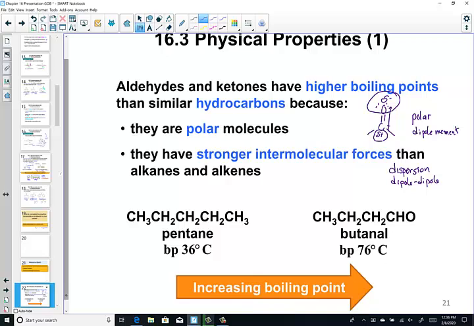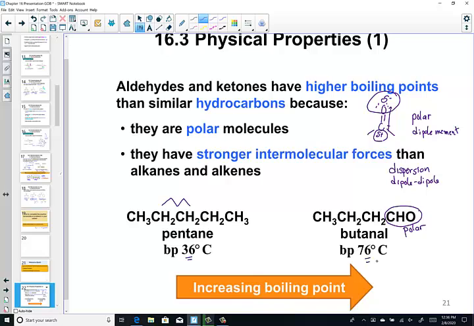So if you compare a 5-carbon chain, pentane, with a boiling point of about 36 degrees Celsius, and put on a functional group of an aldehyde, which now has an exciting polar region, the boiling point has increased. So the dipole-dipole interactions create a higher boiling point than a straight chain.